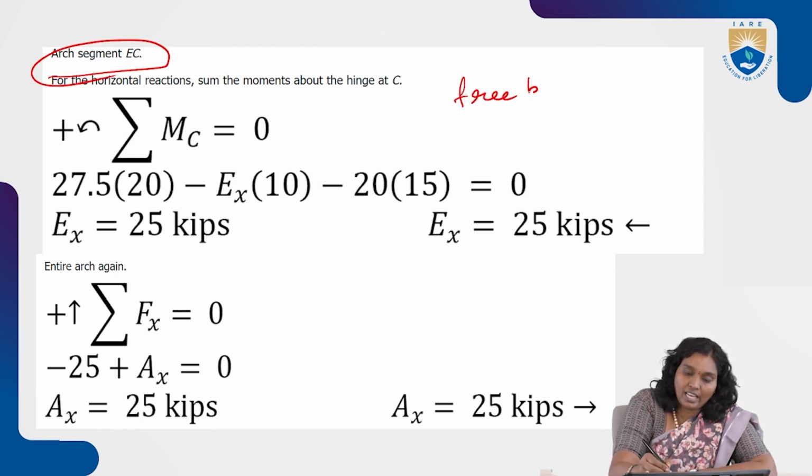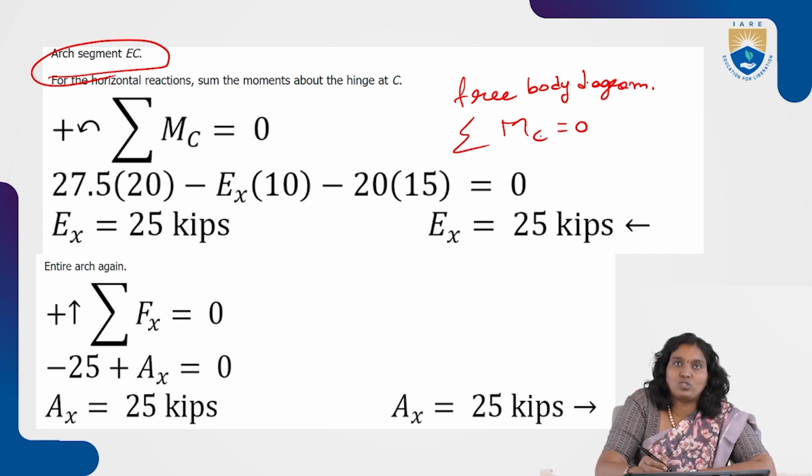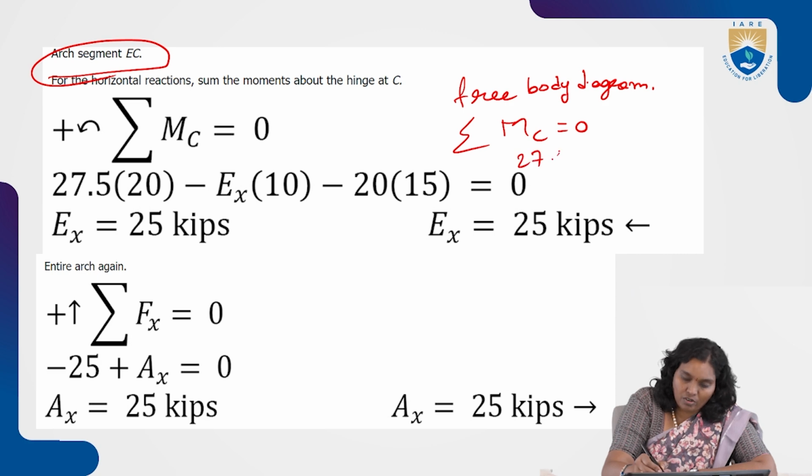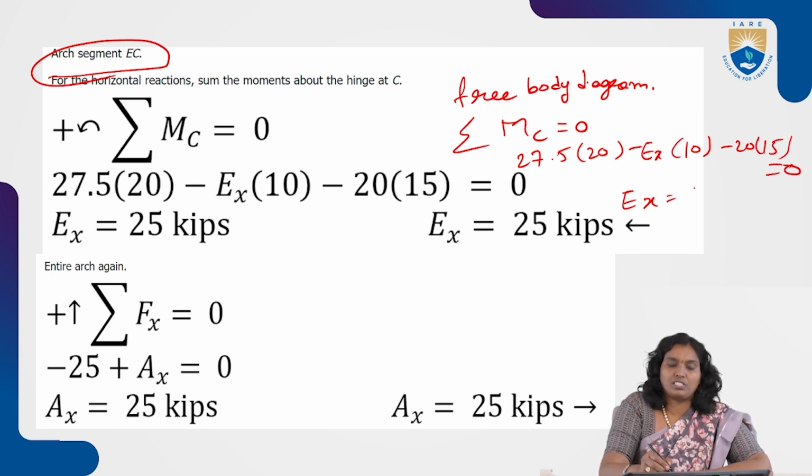Draw the free body diagram for that, and consider the moments with respect to C. The sum of all moments with respect to C is equal to 0. Write the equation using the diagram and find out the values after calculation.